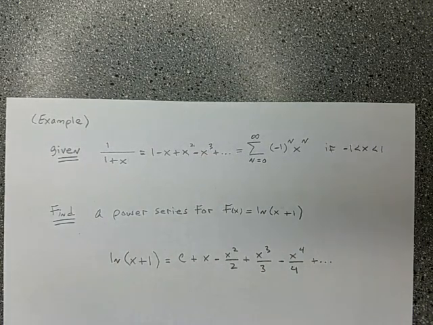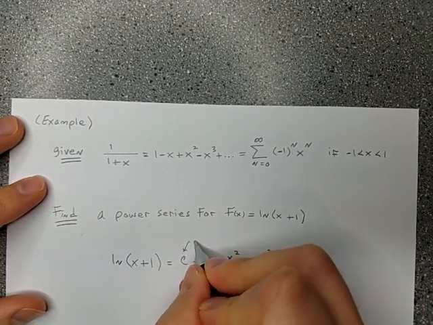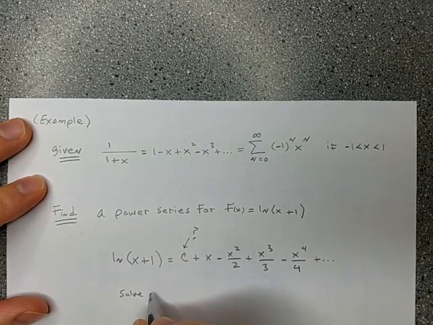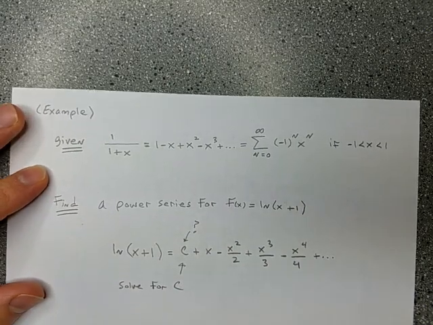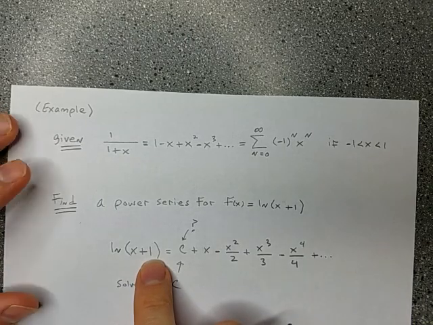Now, before I work on this anymore, I need to know that constant of integration right there. So how do we figure out what that number is? We'll solve for c. And we can do that by choosing a convenient value of x.